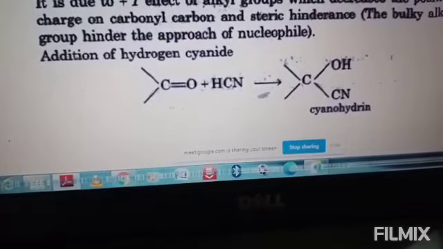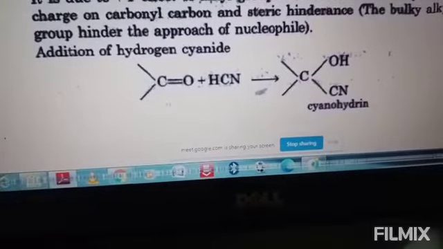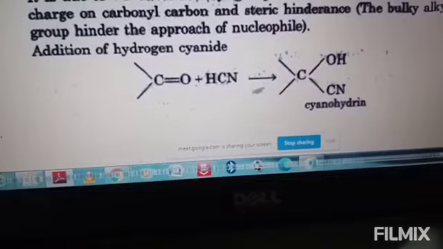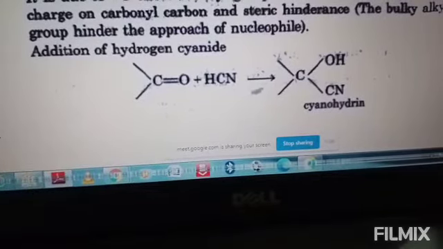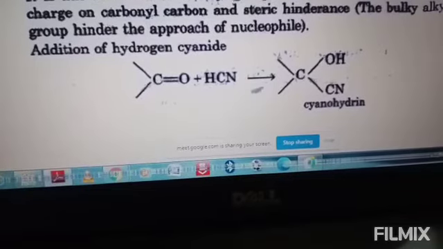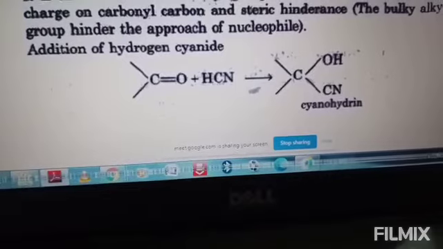Now, the next point is addition of sodium hydrogen sulfite or sodium bisulfite. When you add sodium bisulfite, you will get an addition product like this.